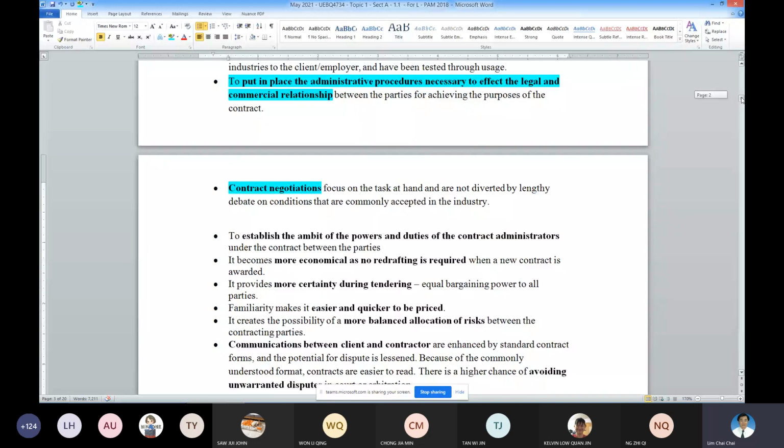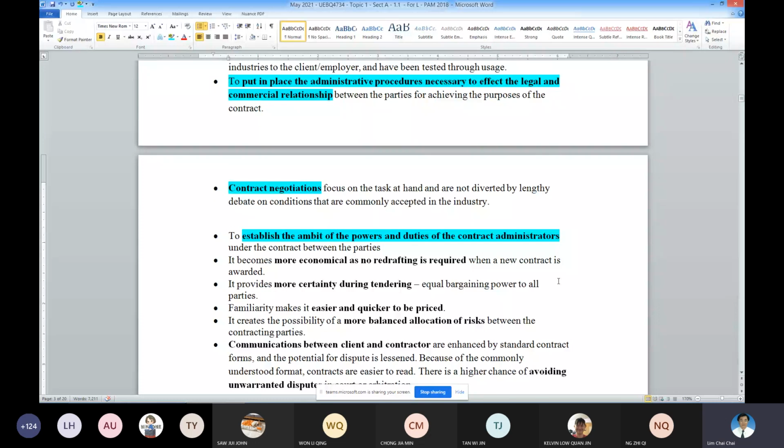Okay, and then the other one, the standard form will establish the power and the duties of the parties involved, especially the contract administrator. Okay, so not only does it establish the ambit of the power and duties of the contract administrator, it also establishes the ambit of the powers and duties of the owner, the contractors and so on.